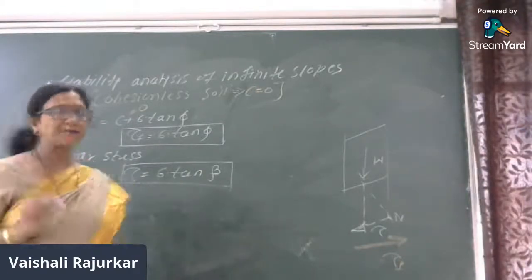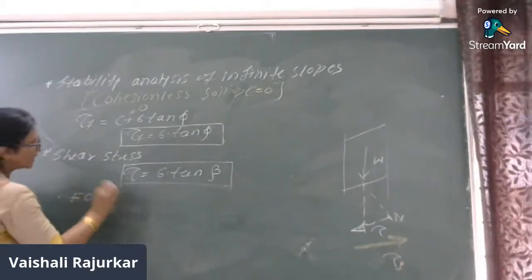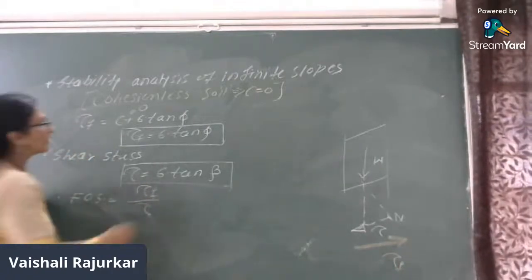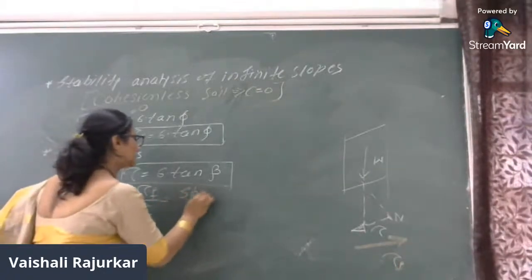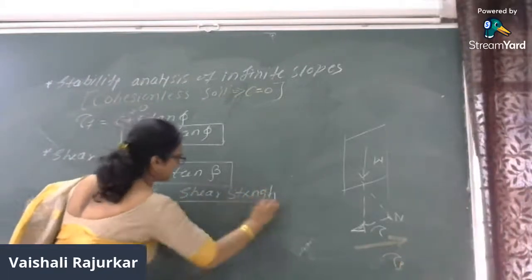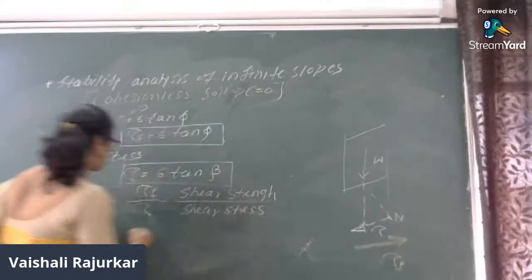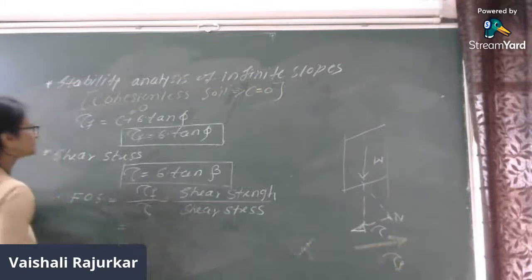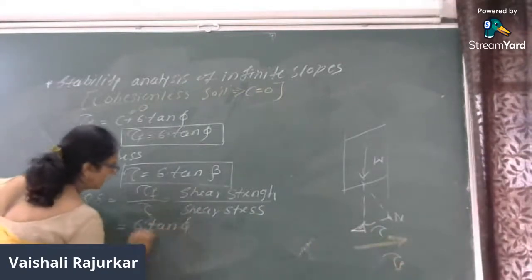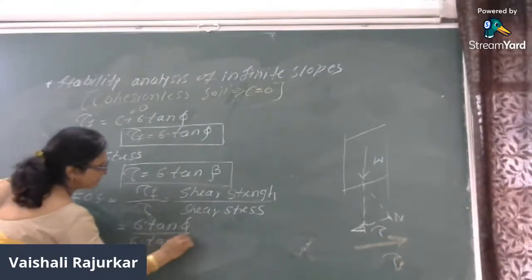Now what is factor of safety? Factor of safety is equal to tau f upon tau. What is tau f? It is shear strength, divided by shear stress. So in this case, it is equal to sigma tan phi divided by sigma tan beta.